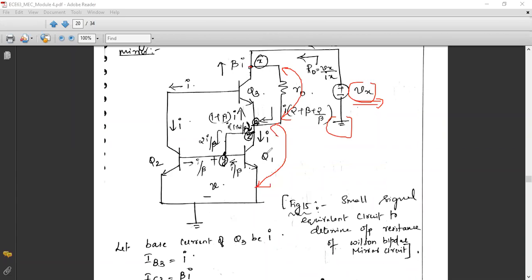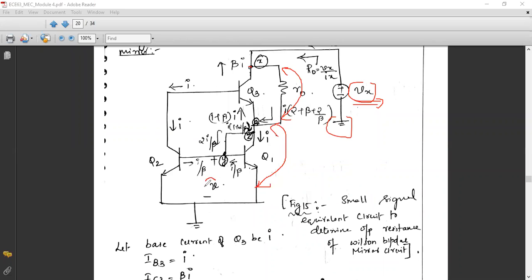Now, if you see Q1 alone, the base and collector are short circuited, right? Therefore, whatever the voltage we are having at the base, it will be equal to the voltage at the collector.